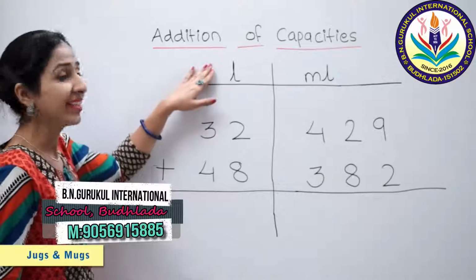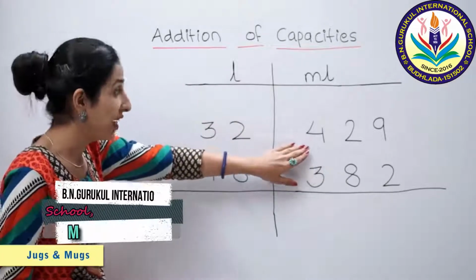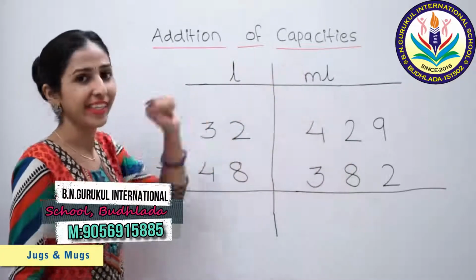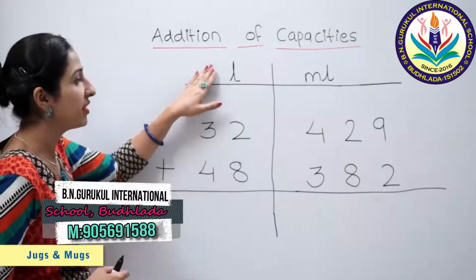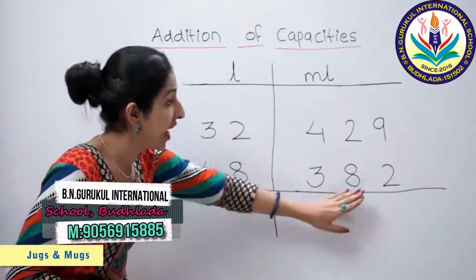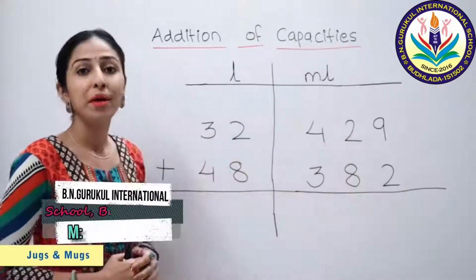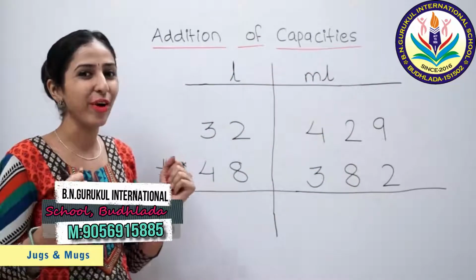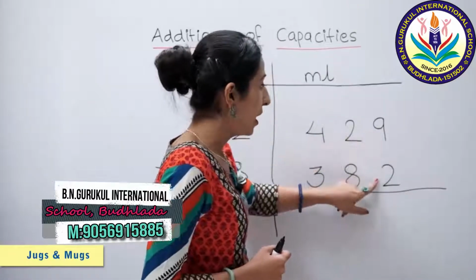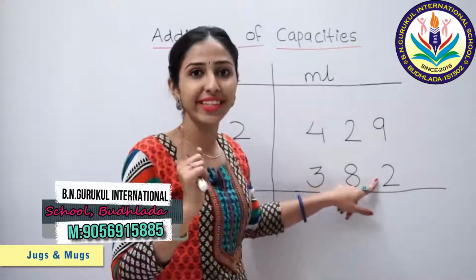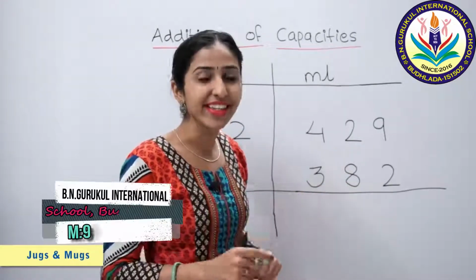Now let's solve this example. 32 liters, 429 milliliters plus 48 liters, 382 milliliters. Let's solve. 9 plus 2 is equal to 11.